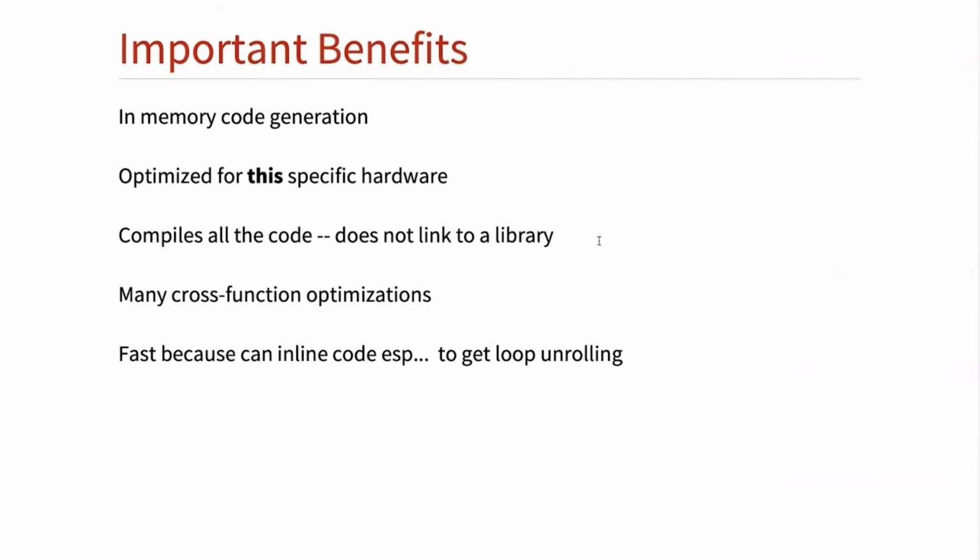So here are some nice benefits that come out of the technology. The code generation is all done in memory. It's not leaving detritus of files and things that are loaded. When it compiles things, it's optimizing the code for this specific machine. So all of your machines are slightly different.